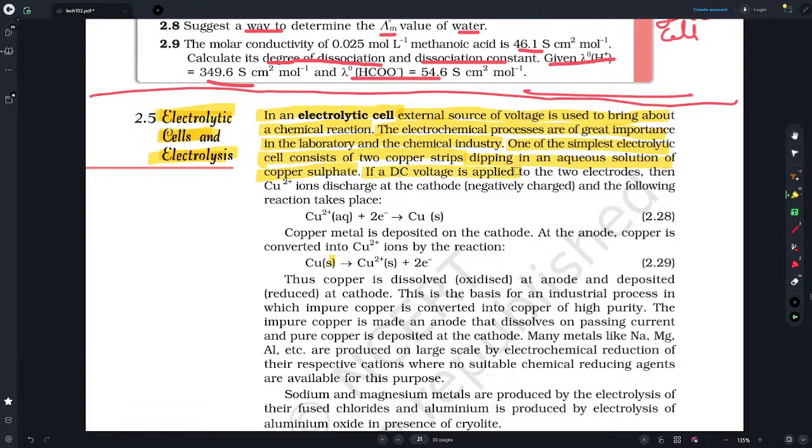If a DC voltage is applied to the two electrodes, then Cu2+ ions discharge at the cathode, which is negatively charged, and the following reactions take place.